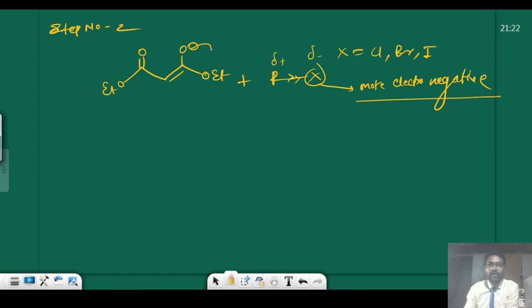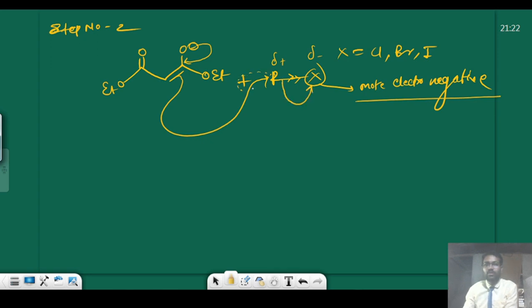Now at the same time, what will happen? This anion will delocalize like this and come back, and it is going to attack the sigma star orbital of this carbon-halogen bond, exactly opposite to the sigma bond.